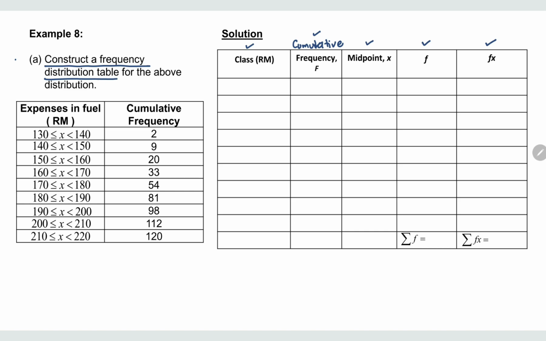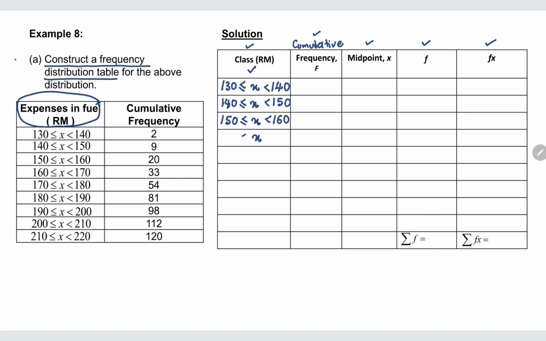So for the class, we can copy from the expenses in fuels, which for the first class, we have x greater than or equal to 130, less than 140. Second class, x greater than or equal to 140, less than 150. The next class, x greater than or equal to 150, less than 160.